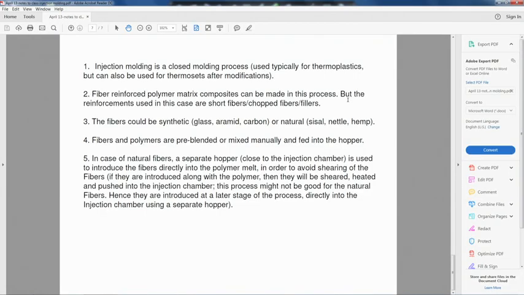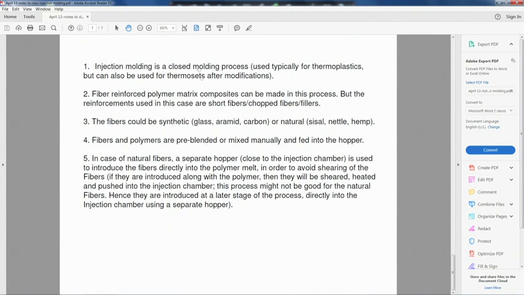So, you have the polymer that is coming in, and along with that you put the fibers into the system. The fibers could be pre-blended with the polymer, or they could be mixed manually and fed into the hopper. You see here I have made some points.